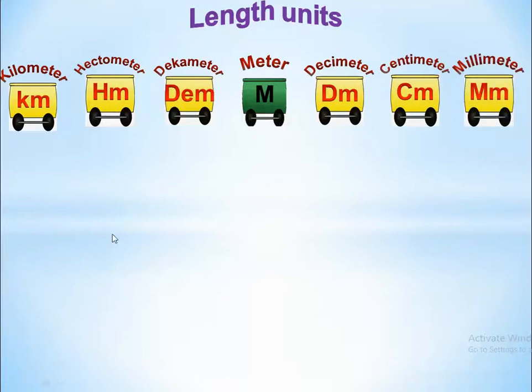Okay, we know that kilometer is to measure the distance between cities, and meter is to measure the heights of building, the length or width of the playground, length of your class. Okay, decimeter is to measure small objects.